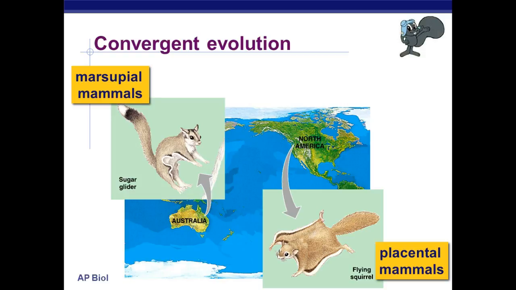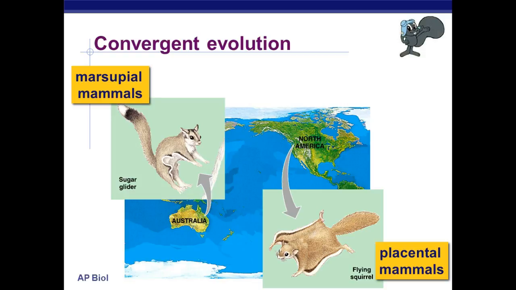Placental mammals are born fully developed, and these mothers have no pouch. They care for their young after they are born, but don't nurture them in a pouch. And yet we often find that placental and marsupial mammals on these two separate continents have hit on similar solutions if they are doing similar jobs, if they have similar niches.